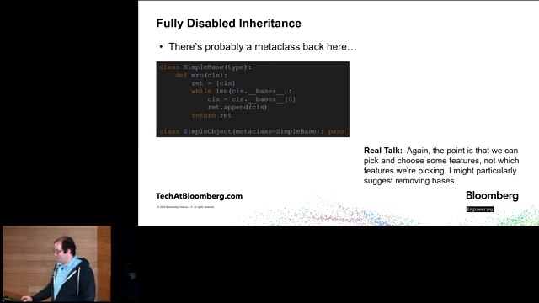I could probably write this real talk as: don't do this. But the point is not that you would actually do this. The point is that you can pick and choose some features, not that you would pick and choose this feature. If you did something very close to this, you should probably raise an error for your users, especially in a development environment.